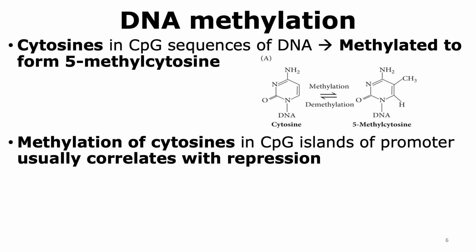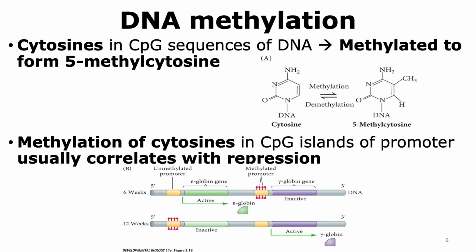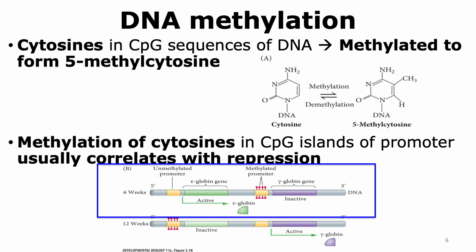The methylation of cytosines in the CpG islands of a gene promoter normally correlates with repression. So to look at an example, let us look at a particular promoter of these genes. Here, as we can see in the upper panel, we are looking at two different genes, the epsilon globin gene and the gamma globin gene.